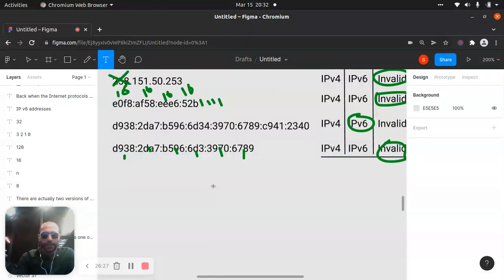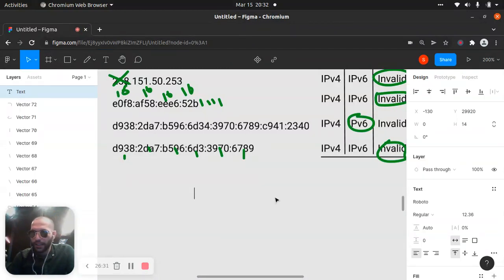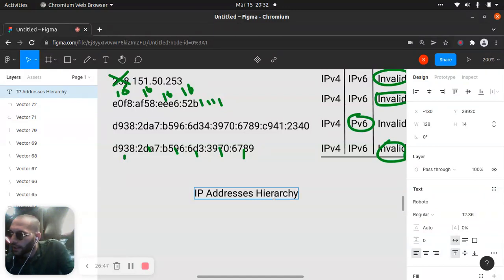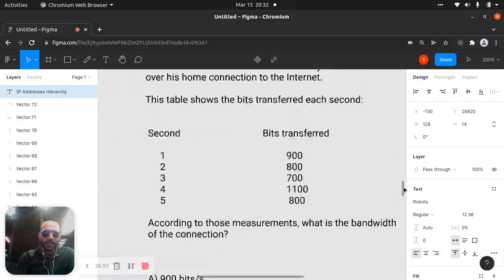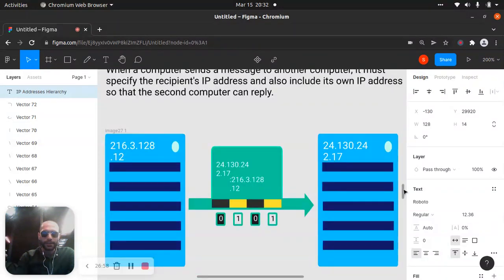Now, our new topic will be IP addresses hierarchy. Right here, this is our new topic.